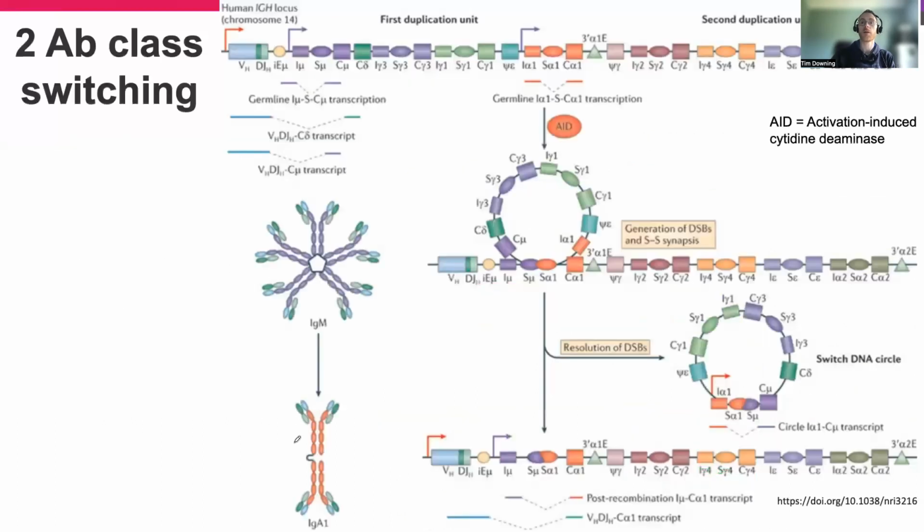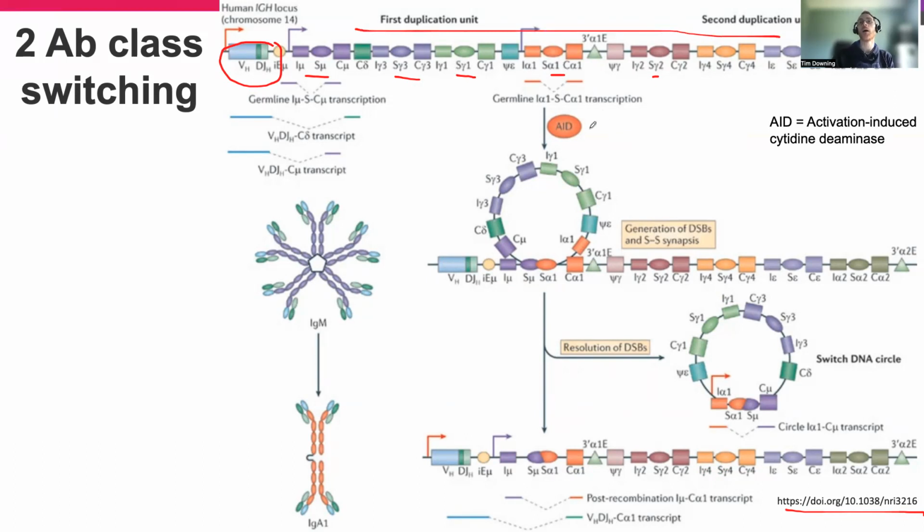If we look at a more complex example, you can go to this link. We can see here the human IGH locus, and we've got the VDJ allele selected here, and then we have one S region after another, and these constant regions as we go through.